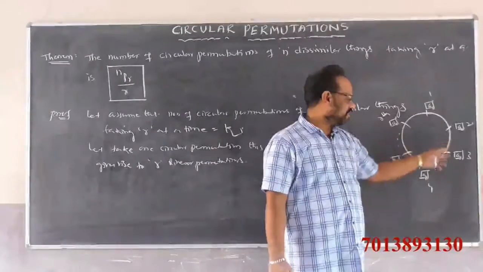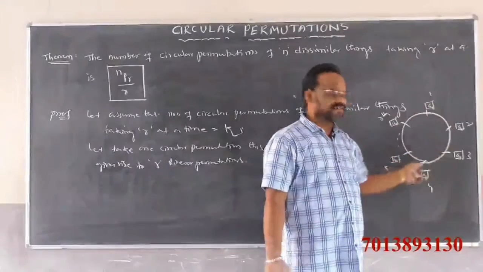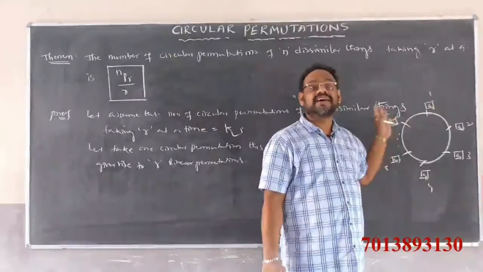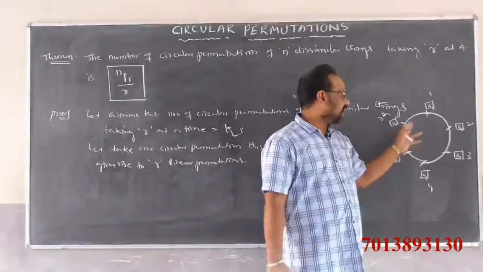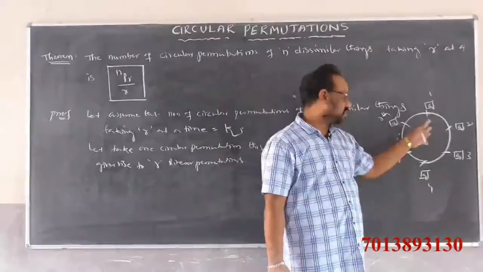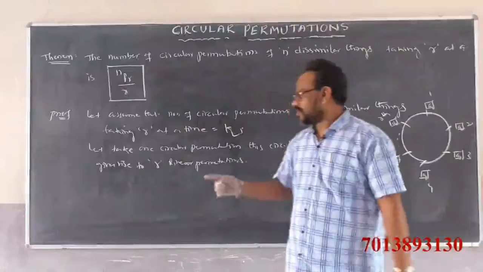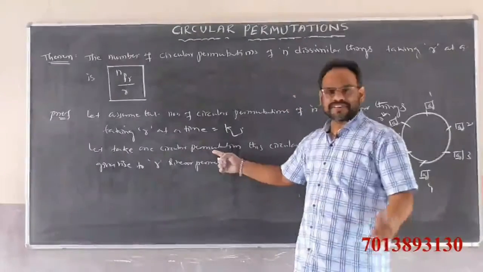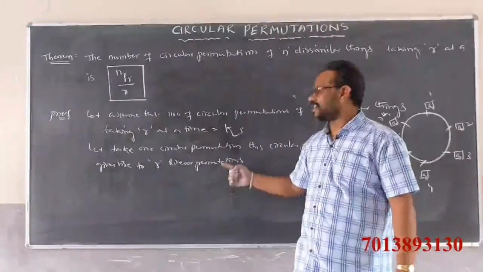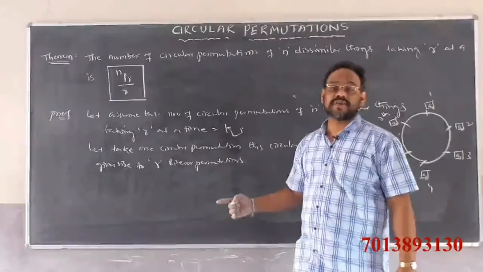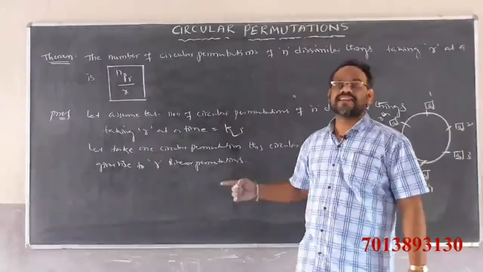For every disconnecting point we get one linear permutation, and we have r disconnecting points on this circle. So every circular permutation gives rise to r linear permutations.